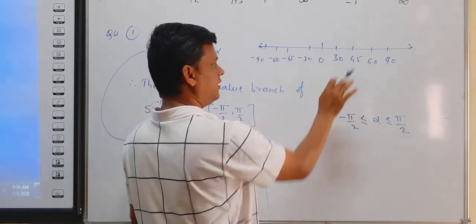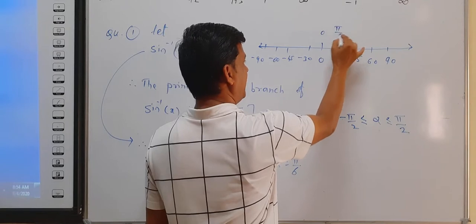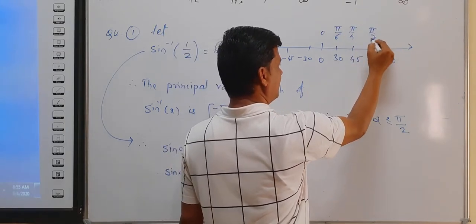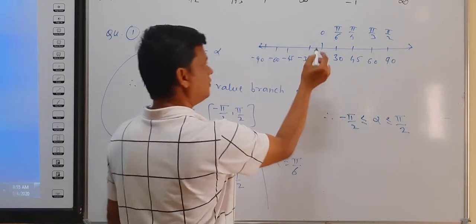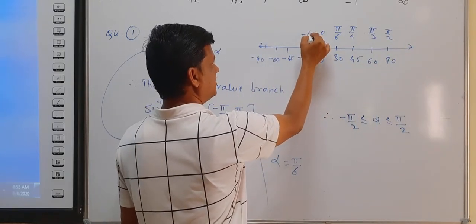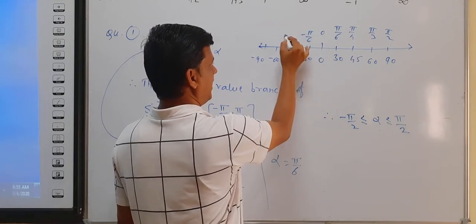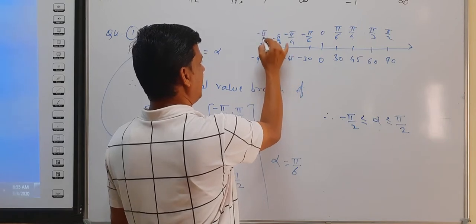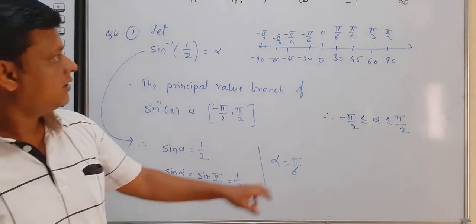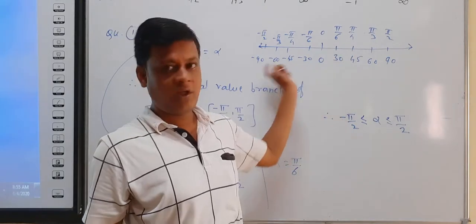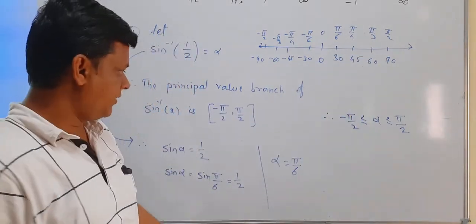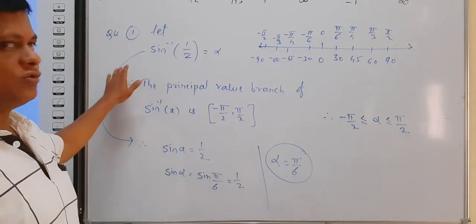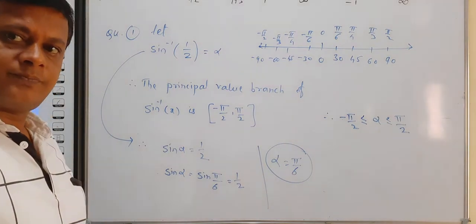If you write in radian form, pi by 6, pi by 4, pi by 3, pi by 2, and minus pi by 6, minus pi by 4, minus pi by 3 and minus pi by 2. Now you can check this pi by 6 belongs to this interval. So from this we say alpha equals pi by 6 is the solution of this equation.